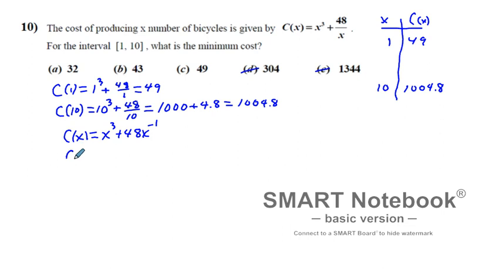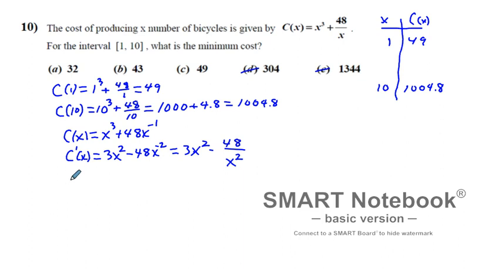And now c prime of x is equal to 3x squared. And we're going to find this derivative here. So negative 1 times 48 is going to be minus 48 x to the negative 2 power, which is going to be equal to 3x squared minus 48 over x squared.